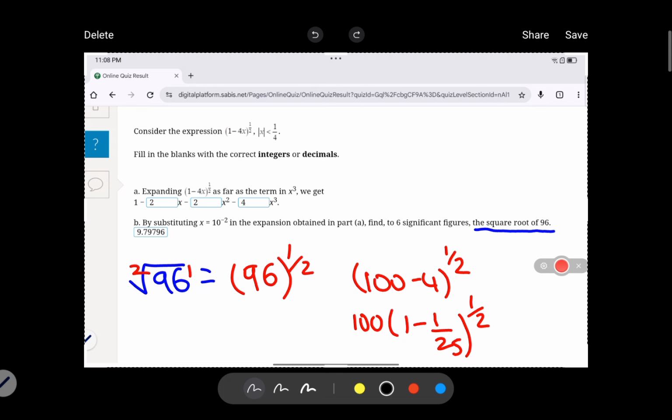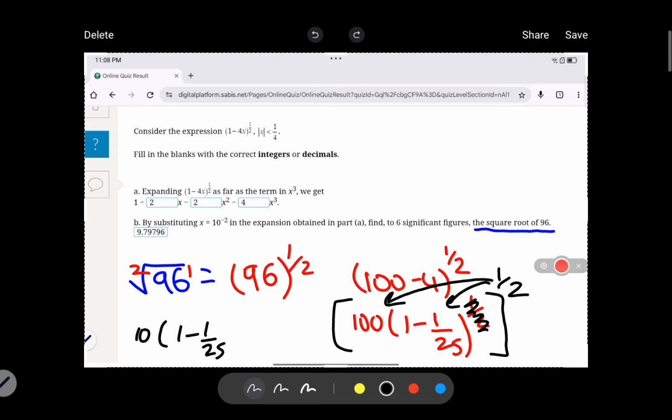Now, because we got this form, we have to, now it's in a bigger bracket to the power of 1 over 2 without this. So you put it in this. So basically 10 and 1 minus 1 over 25 to the power of 1 over 2.